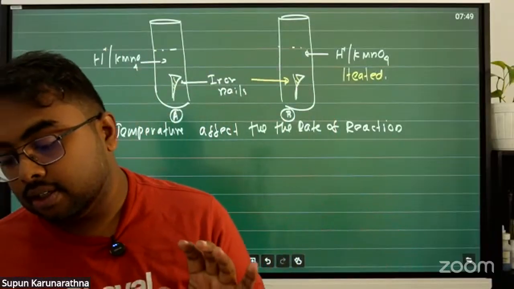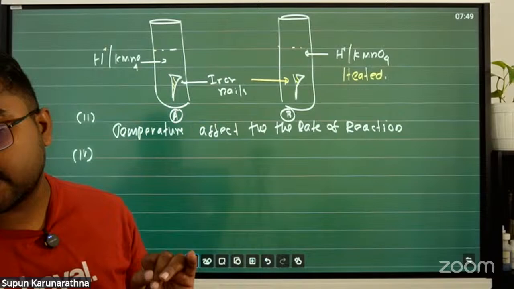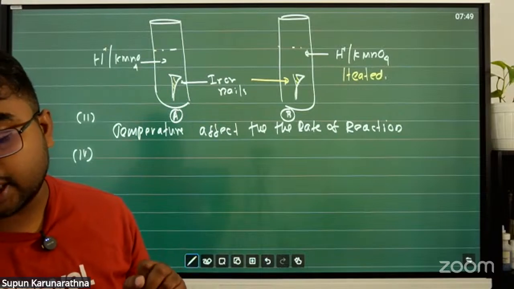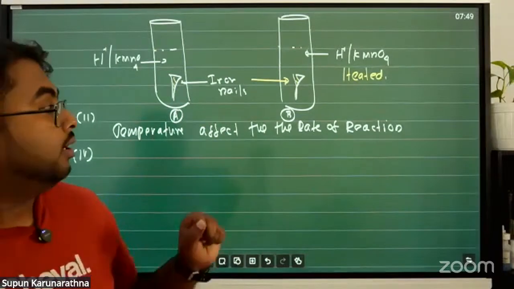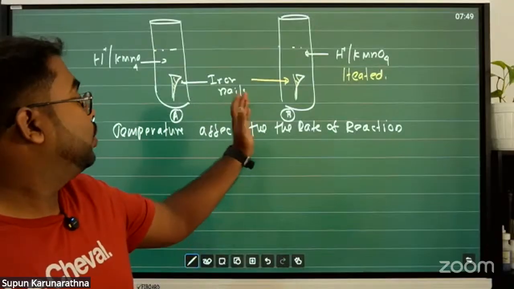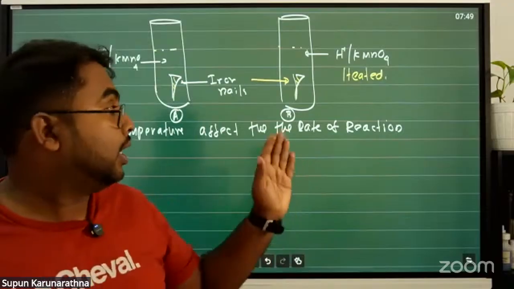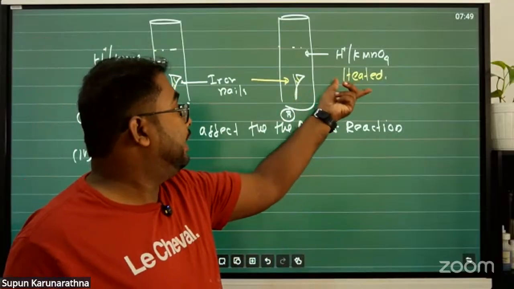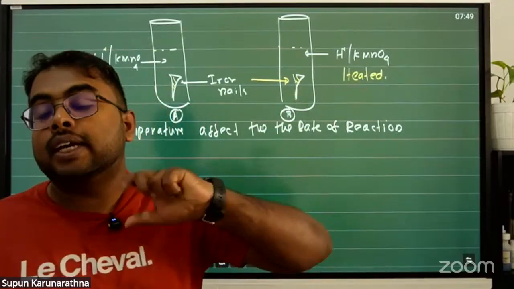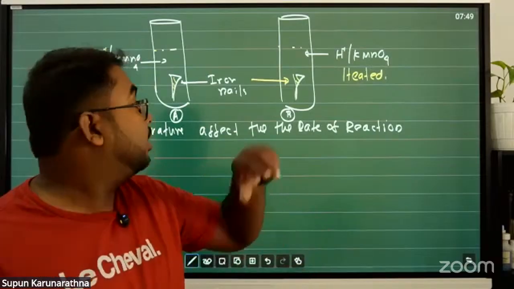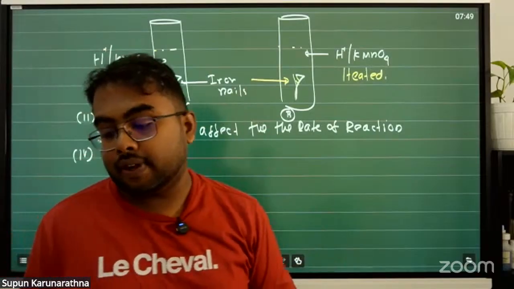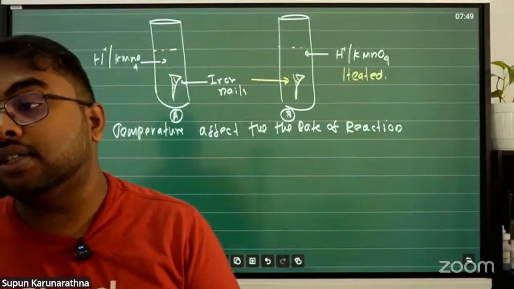Write the expected results of the activity. Your answer should be: the heated test tube decolorizes the potassium permanganate quickly, faster than the other one. The answer should be short.